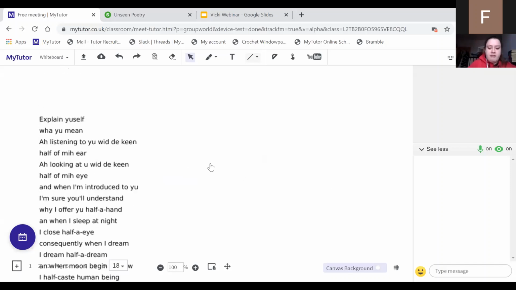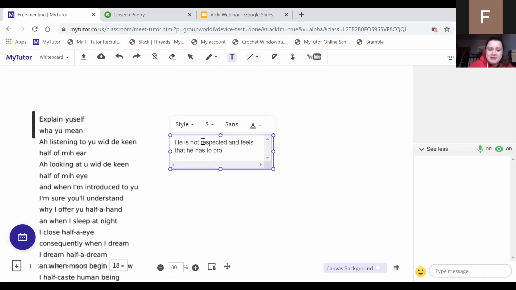We've got another refrain coming in here. Now, this bit I think is really, really sad. So explain yourself what you mean. I'm listening to you with the keen half of my ear. So I think it's really sad that he's sort of what someone said really nice was subhuman, that he is not respected and feels that he has to protect himself.